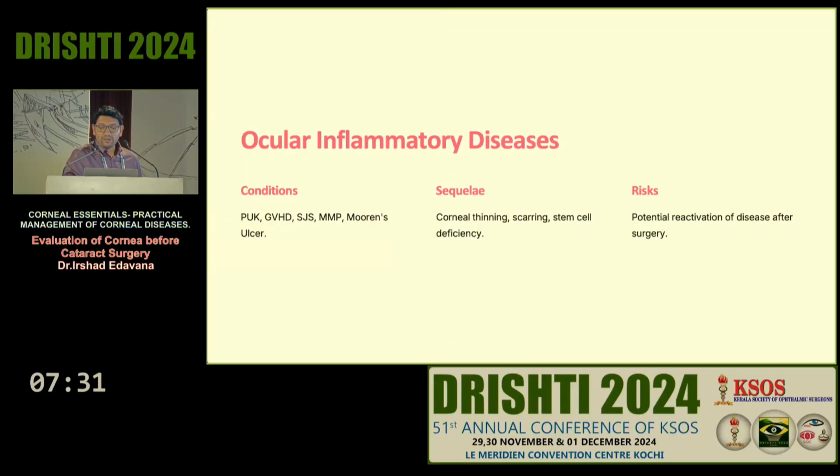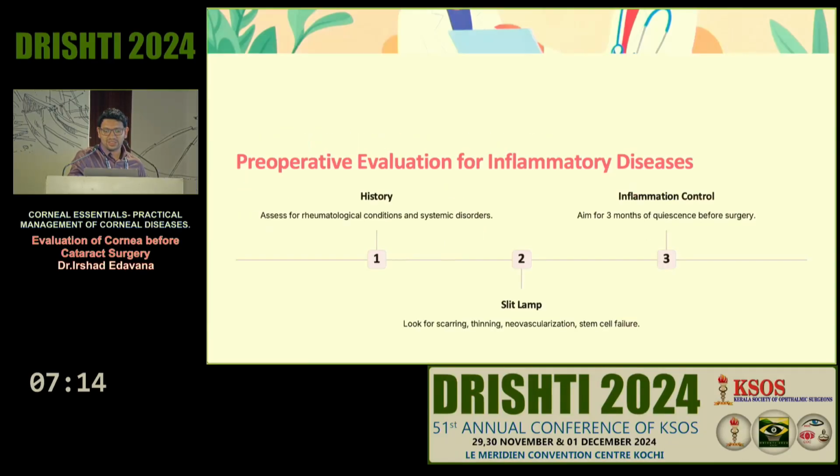Then about the ocular inflammatory diseases, we know diseases like PUK, graft-versus-host disease, Mooren's disease, etc. present with corneal thinning, or some patients have some scars on the corneal periphery. So in all these patients, you have to think about reactivation after the surgery. Always consult a rheumatologist or immunologist and start systemic immunosuppression.